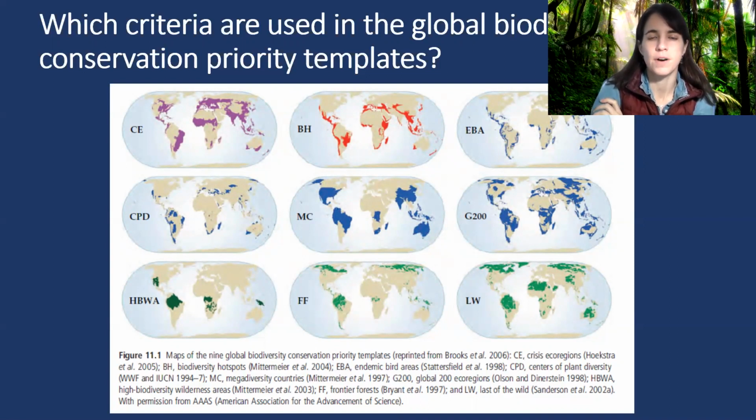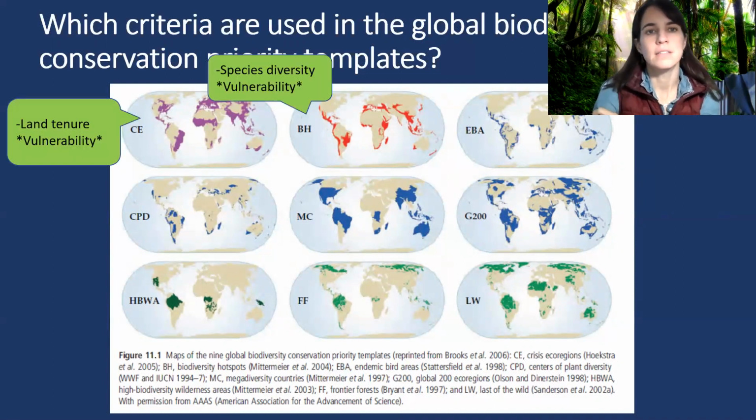So let's look at how these fall in terms of the irreplaceability versus the vulnerability criteria. So really only 2 of these think of vulnerability as the primary criteria. That's the crisis ecoregion. They're crisis ecoregions because this looks at who owns the land.